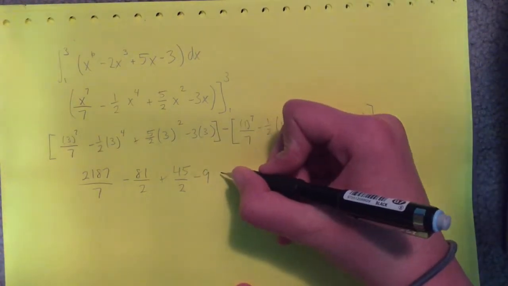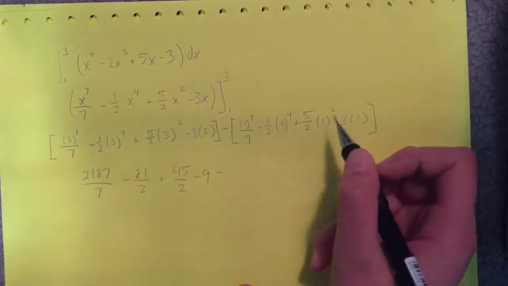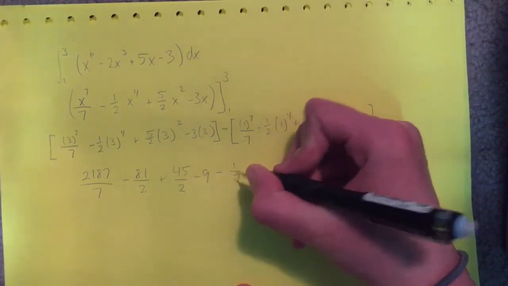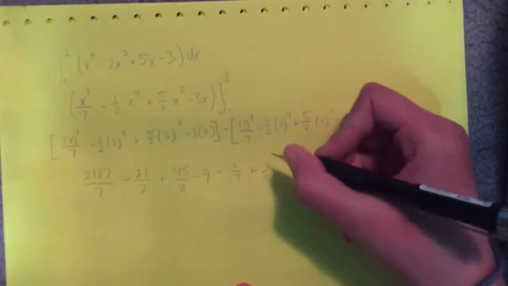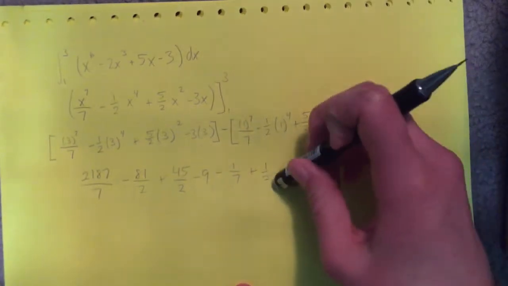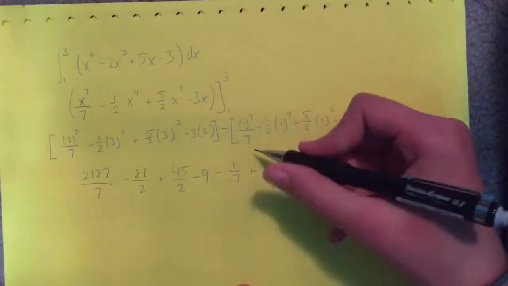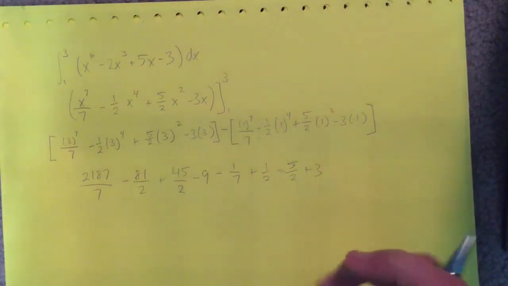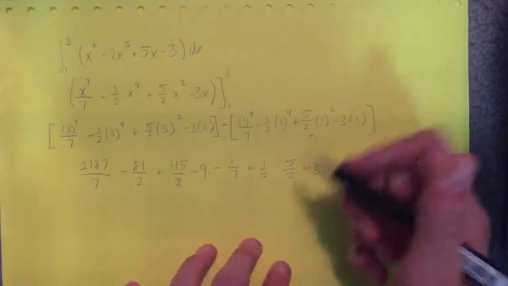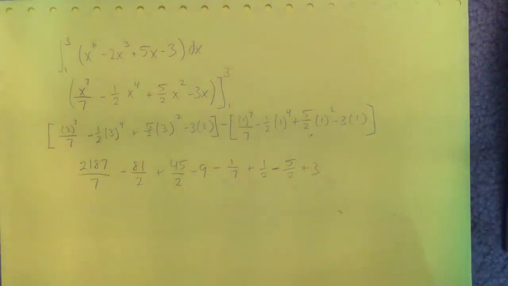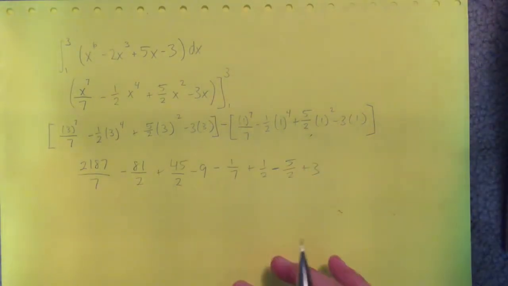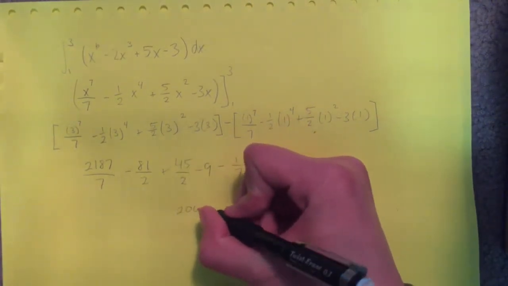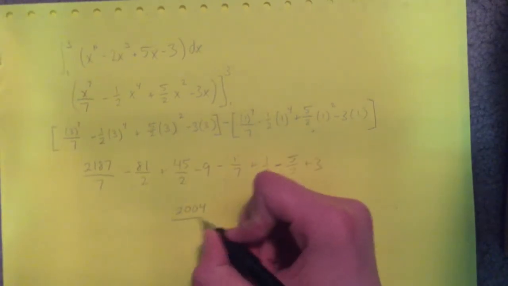And then making sure you distribute the negative to each of these, this is going to end up as minus 1/7 plus 1/2 minus 5/2 plus 3. Alright, and then just simplifying it even more, you're going to be left with 2,004 over 7.